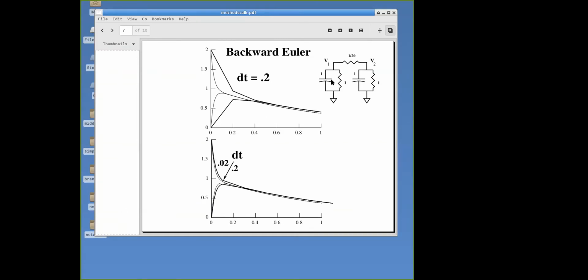Here's our familiar bugaboo problem where we have these 2 compartments in which the membrane time constant is 1, but you have this other equilibration constant where it's 0.5 times 1/20th is the time constant, and it's a much shorter time constant.